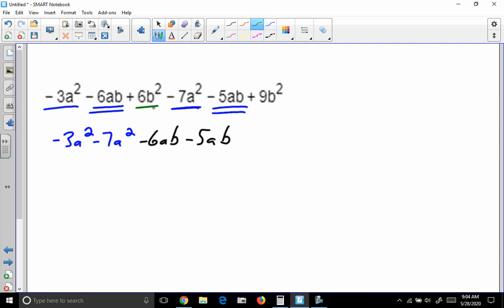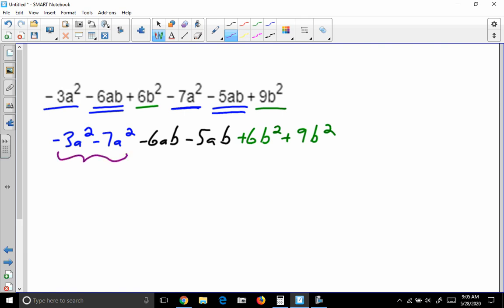The next term has a b to the second. Well, we have another one of those. So we have 6b squareds, and then we also have 9b squareds. So we just collected our like terms together so that when we go to add them or subtract them, it's easier to see what things are alike, what things are different.